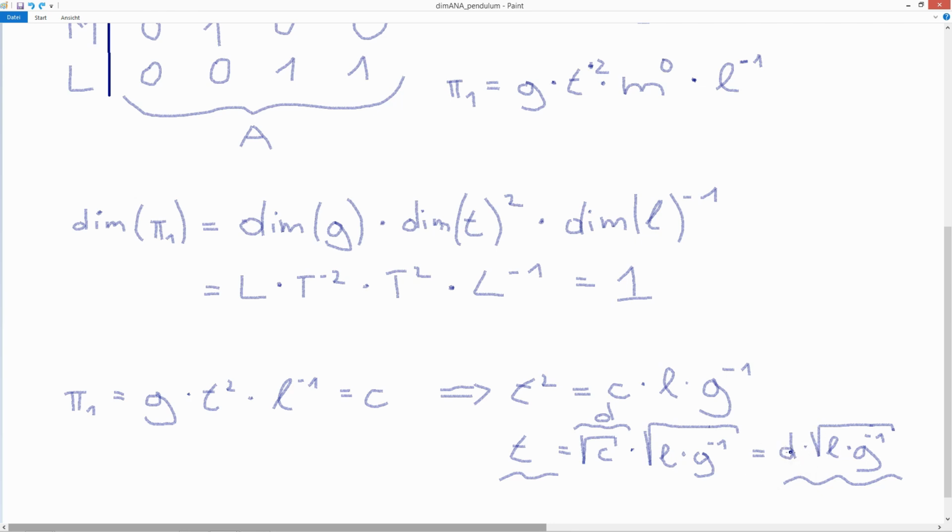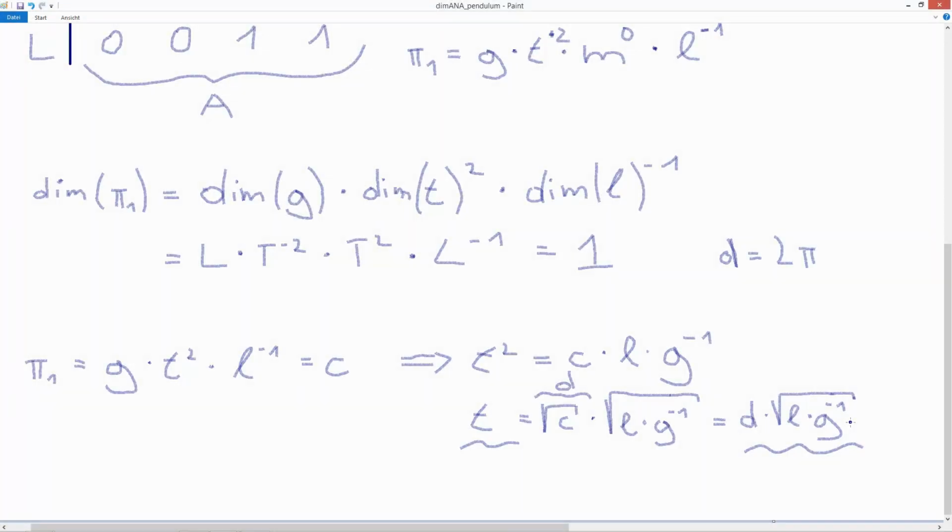You have to do an experiment to approximate the value d. If you want to find the exact value for the constant d, you have to solve, for example, the pendulum differential equation. By the way, the exact value for d is 2 pi. But as I said, you can't find this value with dimension analysis alone.